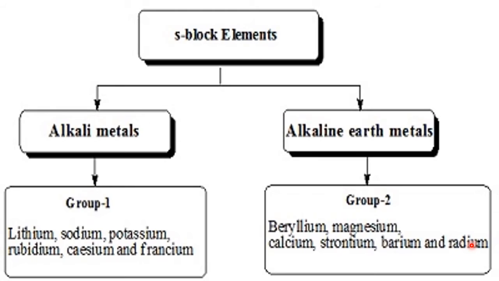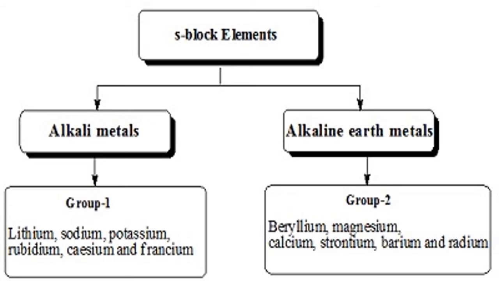That we have learnt in physics: if the proton-neutron ratio in the nucleus of any element exceeds a certain limit, it becomes unstable and gives out radiations known as alpha, beta, gamma, called radioactive rays, and elements which show this property come under the category of radioactive elements. So in the S block, it is francium in the alkali metals and radium in the alkaline earth metals which are the radioactive elements.